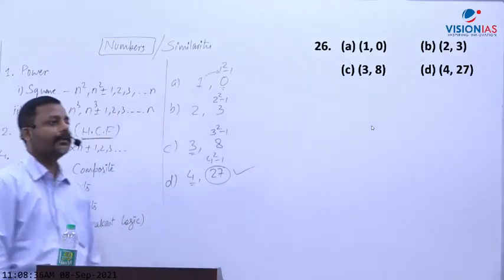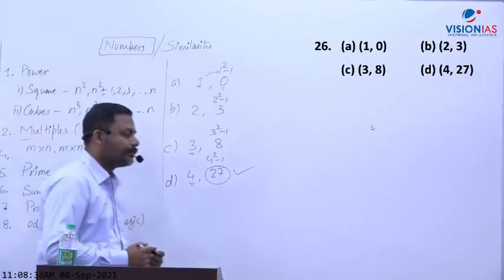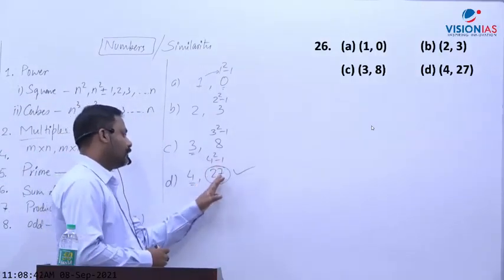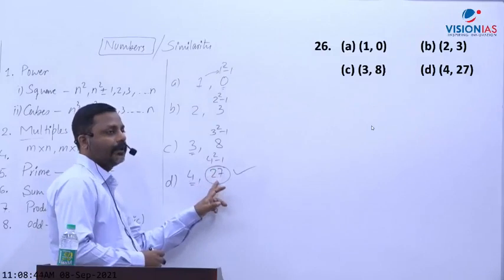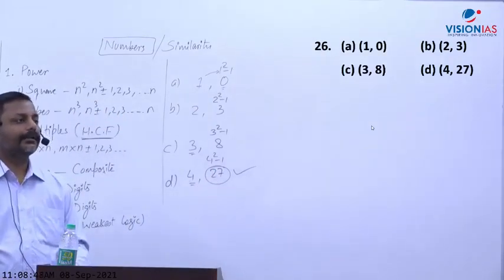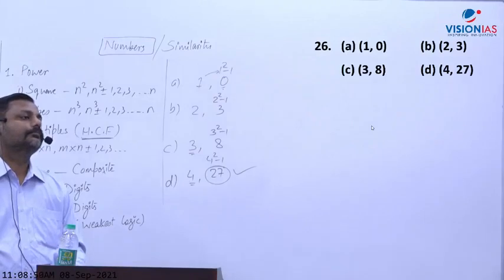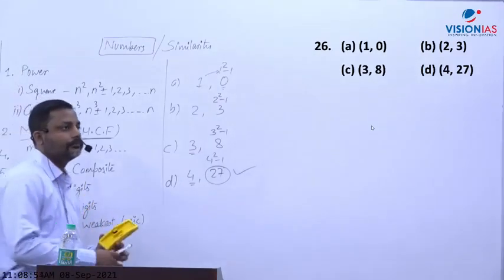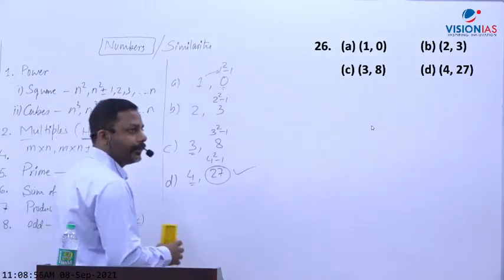Very good, Prakhar. So, the answer of this question is what? Option 4th. That is 4 square minus 1. Here, it should be 15 as per the logic. But we are getting 27 over here. Very good, very good.